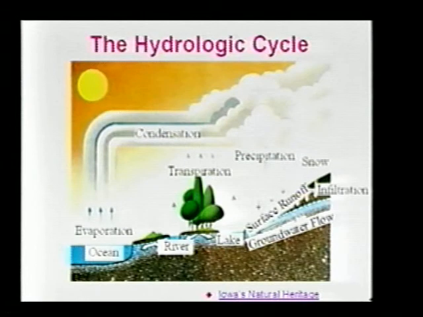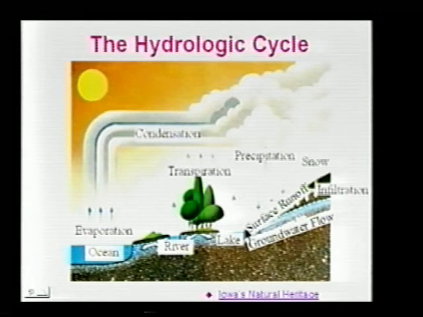Now, to start, we take a look at the hydrologic cycle as a whole. This diagram is a little bit complicated. Can you see that mouse on the screen? Yes. You probably cannot read the subtitles. I apologize for that. But I'm going to explain roughly what's here. The hydrologic cycle starts when water evaporates primarily from the surface of the ocean, condenses in the atmosphere and comes down as precipitation. That's either rain or snow.